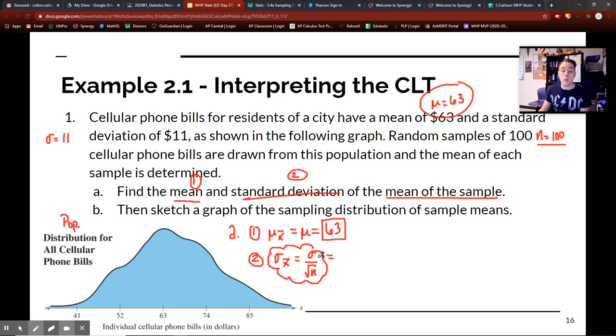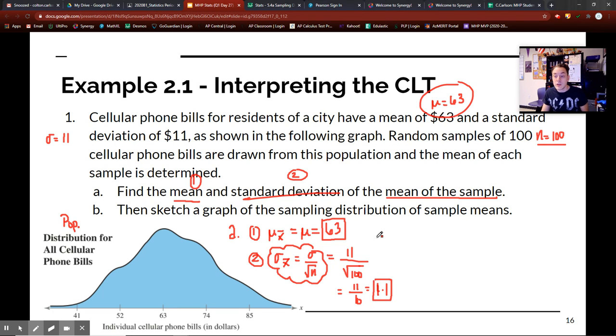So now, what is my standard deviation? Well, it tells us in the problem this is going to be 11. And then what is my n? Well, that's 100. So square root of 100. This equals 11 all over the square root of 100, which is 10. And that will equal 1.1. So that right here is the standard deviation of my sample means.